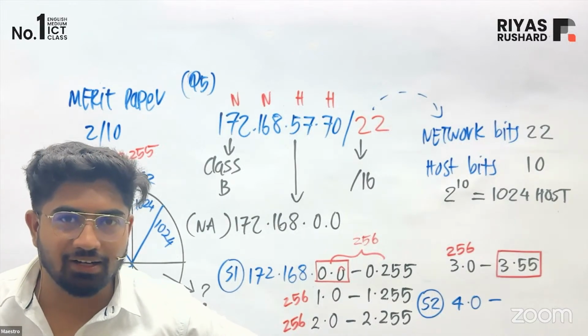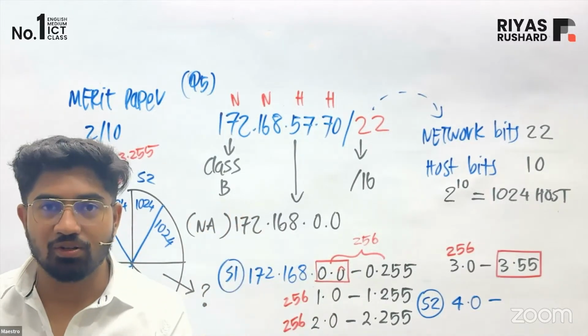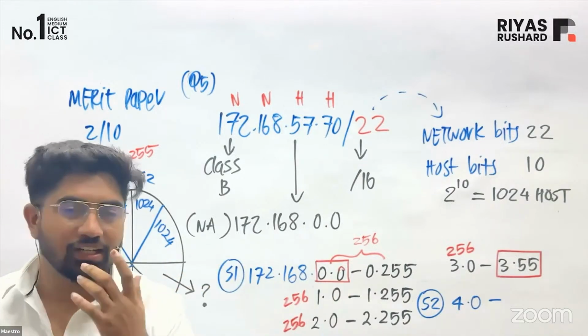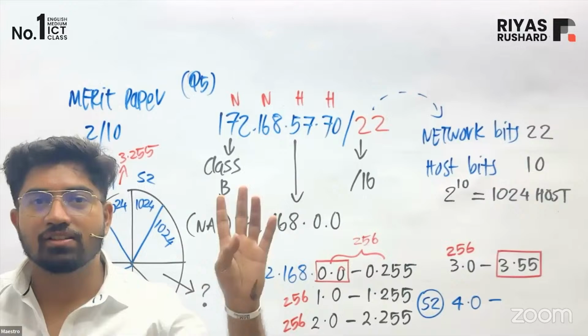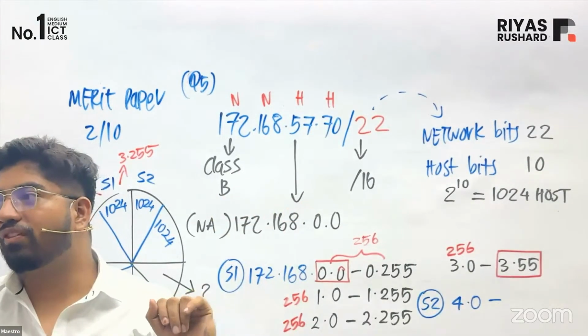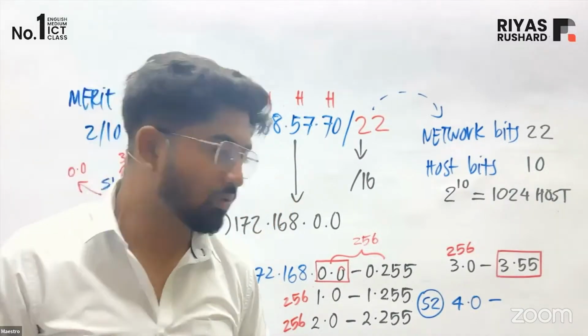If S1 starts from 0.0, he needs 1024 computers, so it will stop at 3.255. 0, 1, 2, 3. S2 will begin from 4: 4, 5, 6, 7, ending at 7.255.